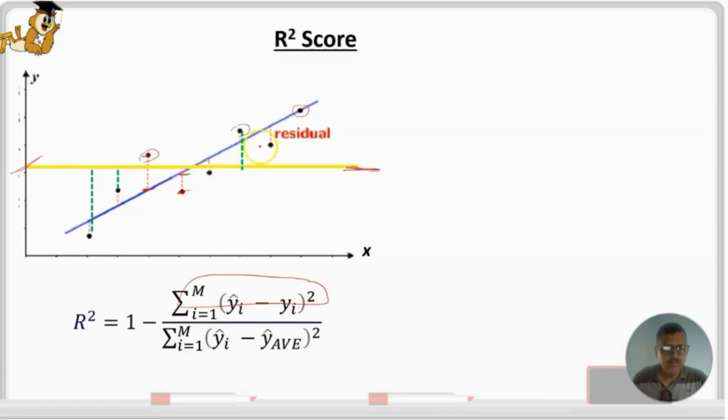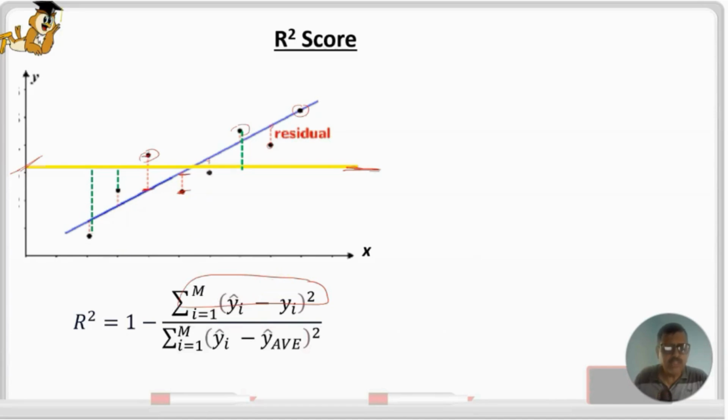So the numerator is the sum of the squares of the reds. For this point, this is the red quantity. This is the observed y, this is the y given by the linear model, and their difference is what you square and add. You do this for all the black points, and that's the numerator right here.